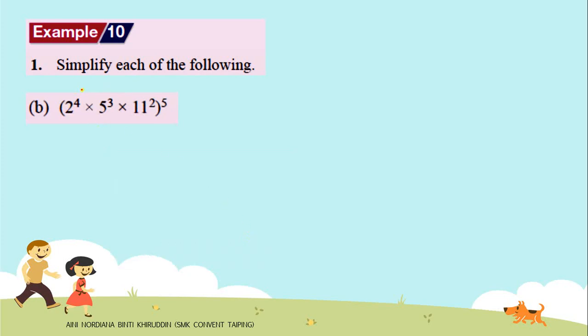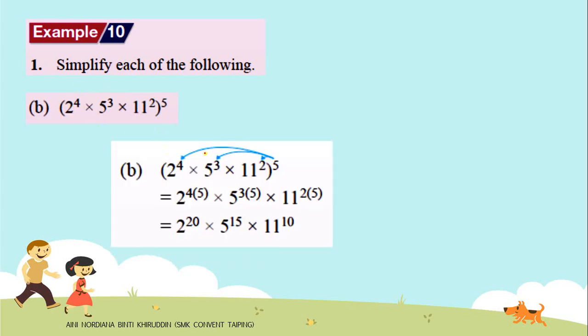For B, do the same thing. You have to multiply the power of every base in the bracket by 5. So 4 times 5, 3 times 5, and 2 times 5. So altogether 2 to the power of 20 times 5 to the power of 15 times 11 to the power of 10.